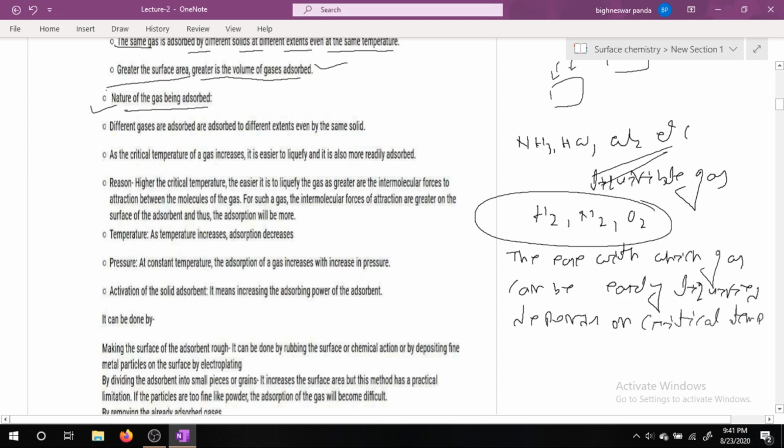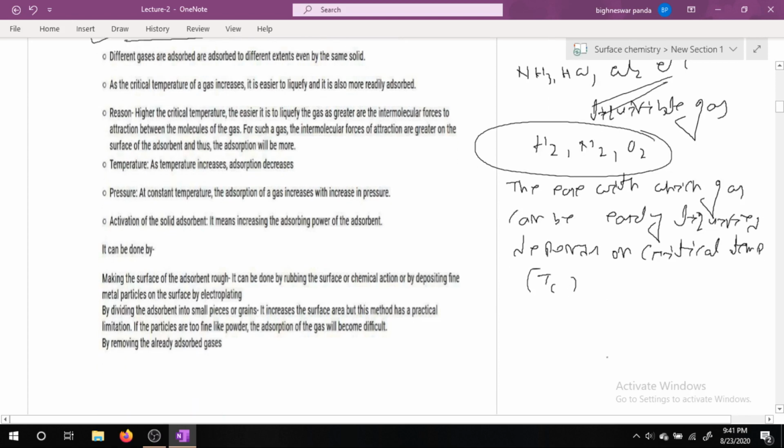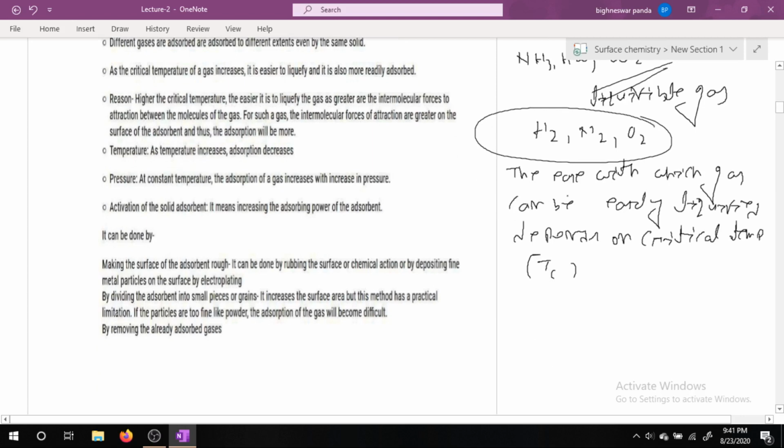You have already studied critical temperature in the gaseous state. More is the critical temperature of the gas, more easily the gas can be liquefied.